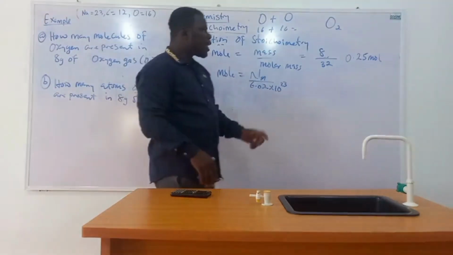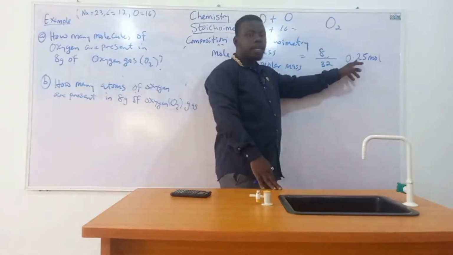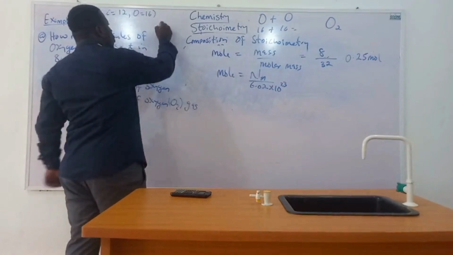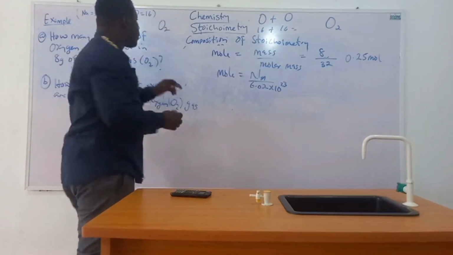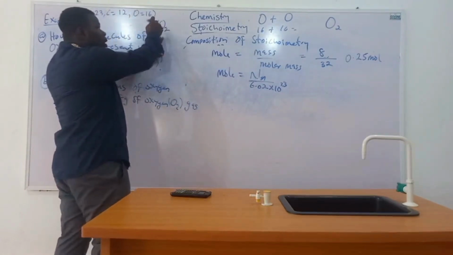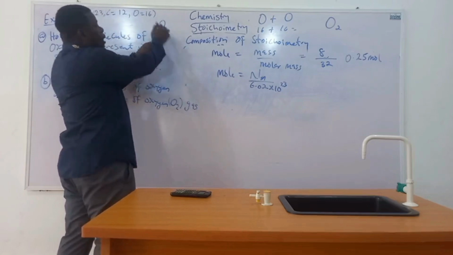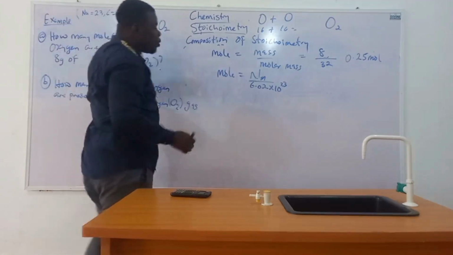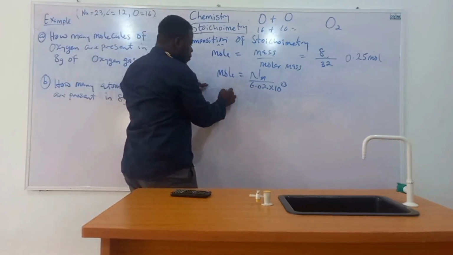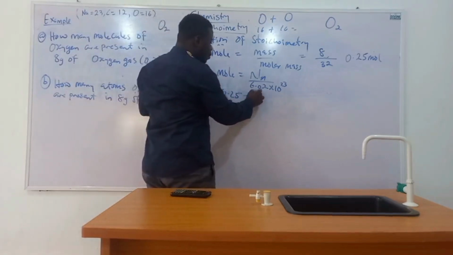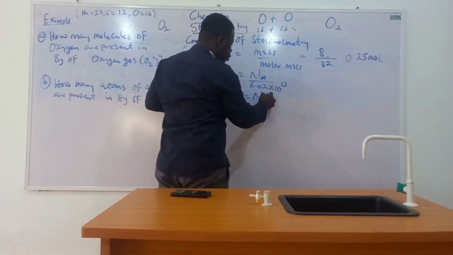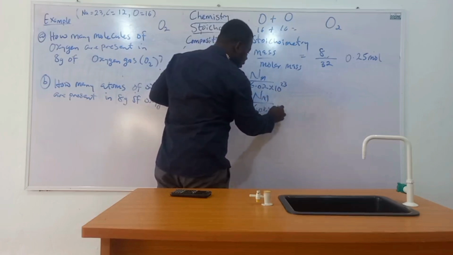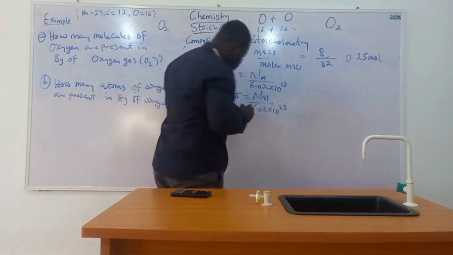Now, we just calculated the number of moles here, right? And O2 contains how many molecules? For oxygen gas, how many molecules are here? It is 1, right? So this now becomes 0.25 mole equals the number of molecules, which we don't know, over 6.02 times 10 raised to the power 23.